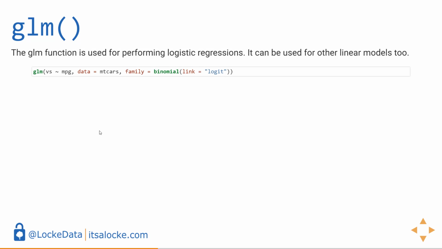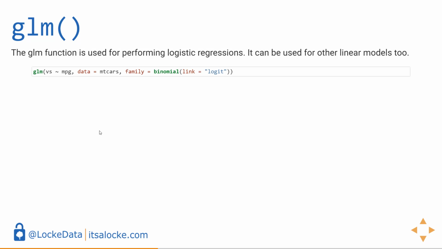Okay. Very simply, there is a function called GLM, which is a function for running general linear models. So you can run a simple linear regression model using GLM. But I most commonly use GLM to do logistic regressions.